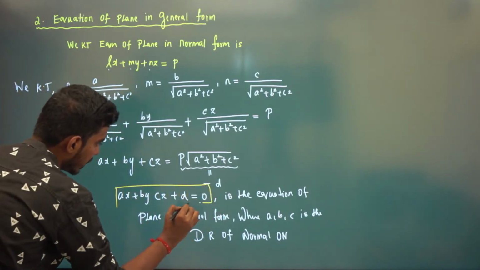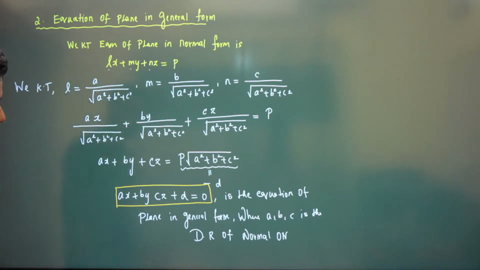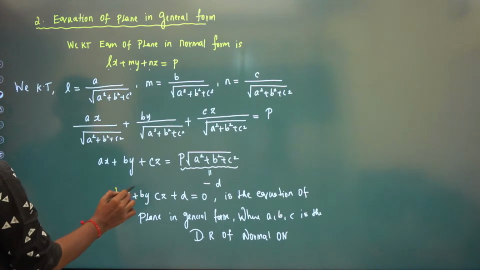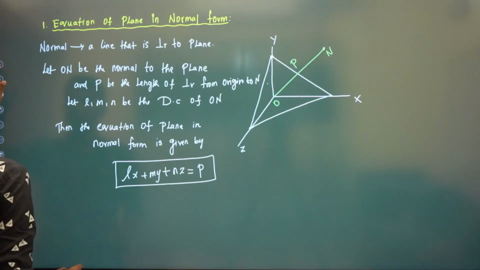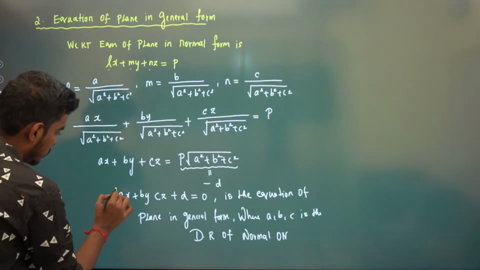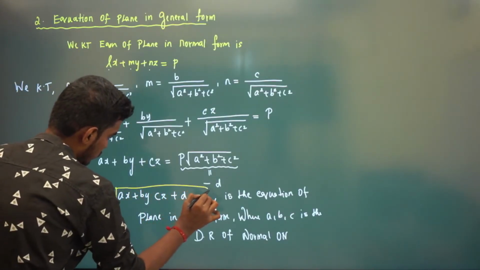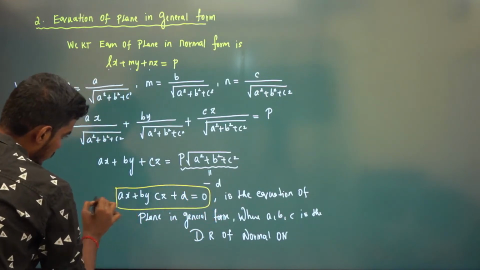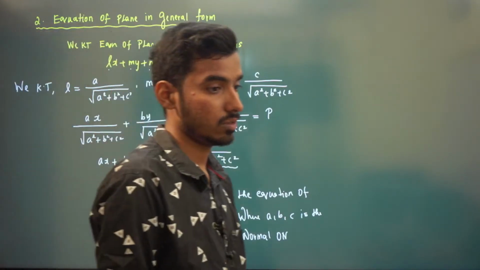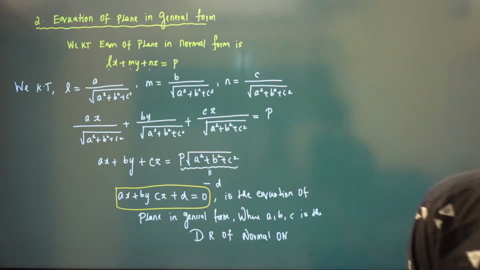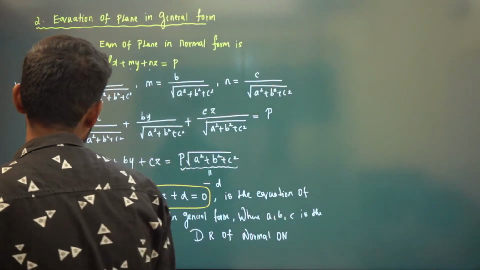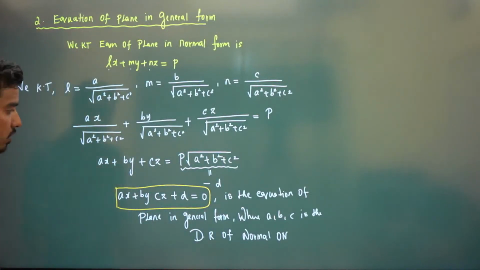ABC is the direction ratio of the normal ON. So whenever you want the equation of plane in general form, it is AX plus BY plus CZ plus D is equal to 0.